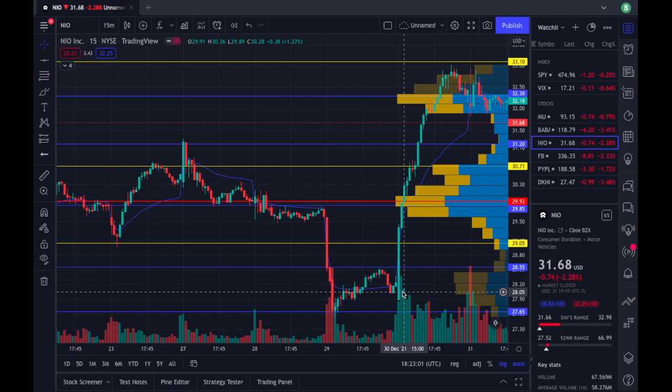But by keying on these key levels and learning key levels, we can set up over this, we could get that decent move to 29.05. That was my original target. That's honestly where I scaled most of my profit, and I scaled the last bit at 29.85.